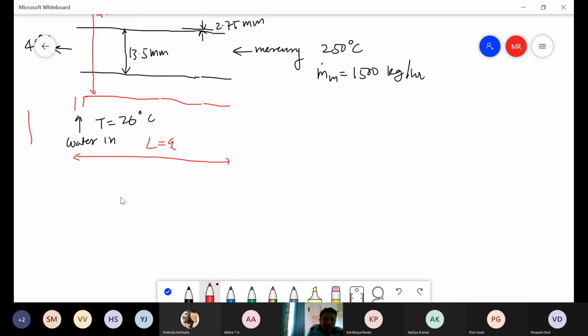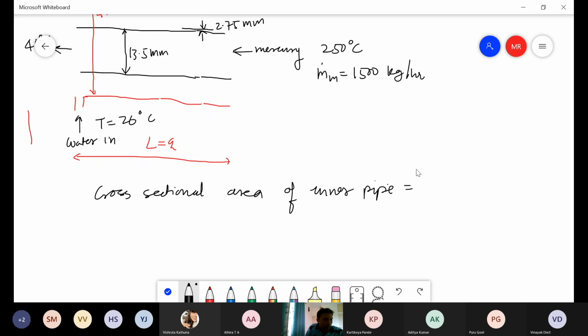So first we calculate the inside area. So inside area in this case is the cross-sectional area of the inner pipe. Cross-sectional area of the inner pipe is going to be what?